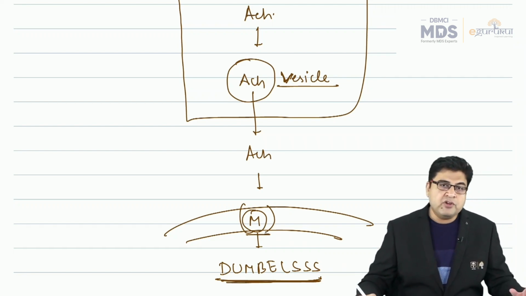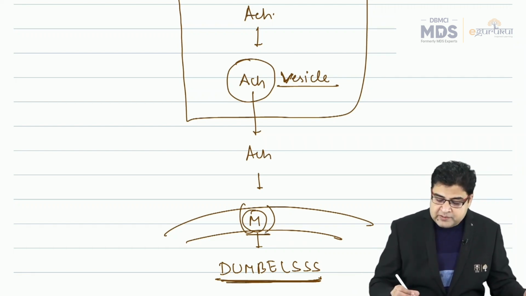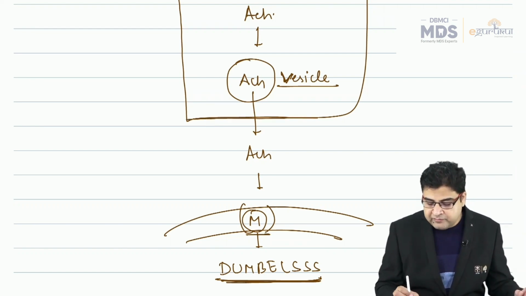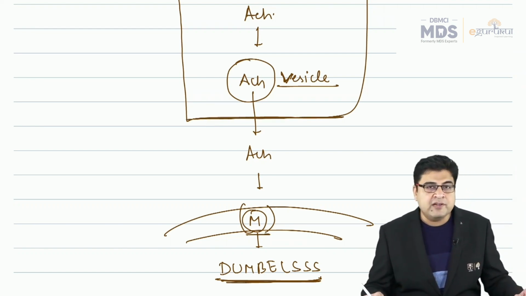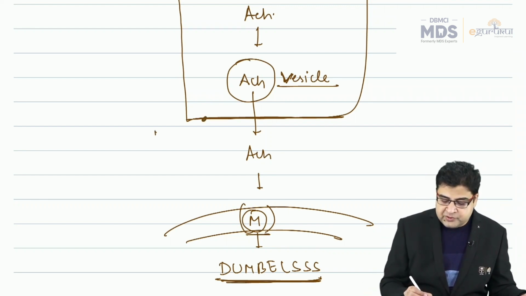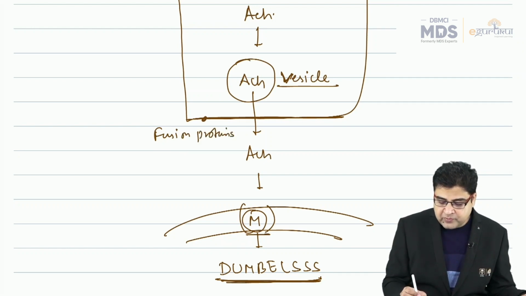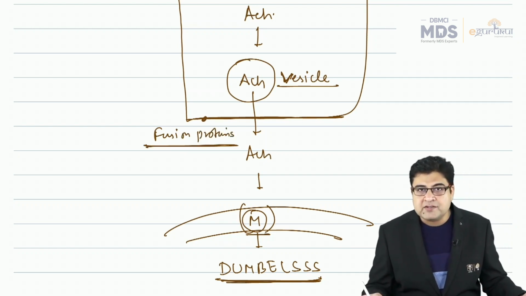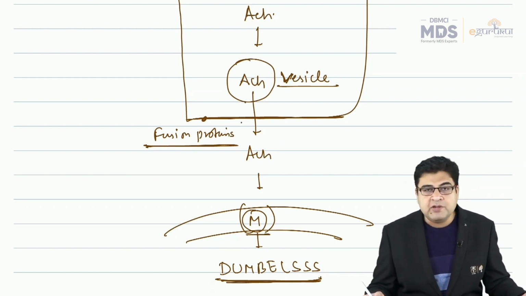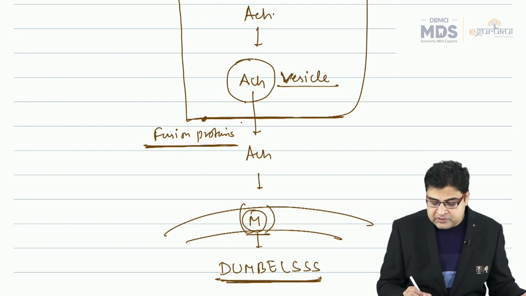Now, how this acetylcholine is released, we'll discuss in the physiology of acetylcholine release. So guys, please remember, at the ending of the nerve we have two things involved in the release of acetylcholine. First is the presence of fusion proteins.